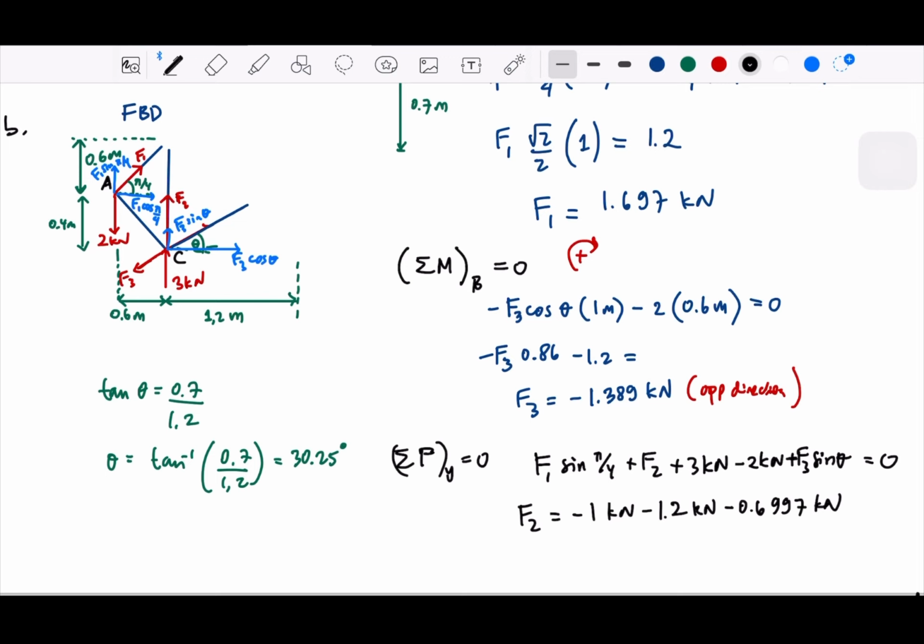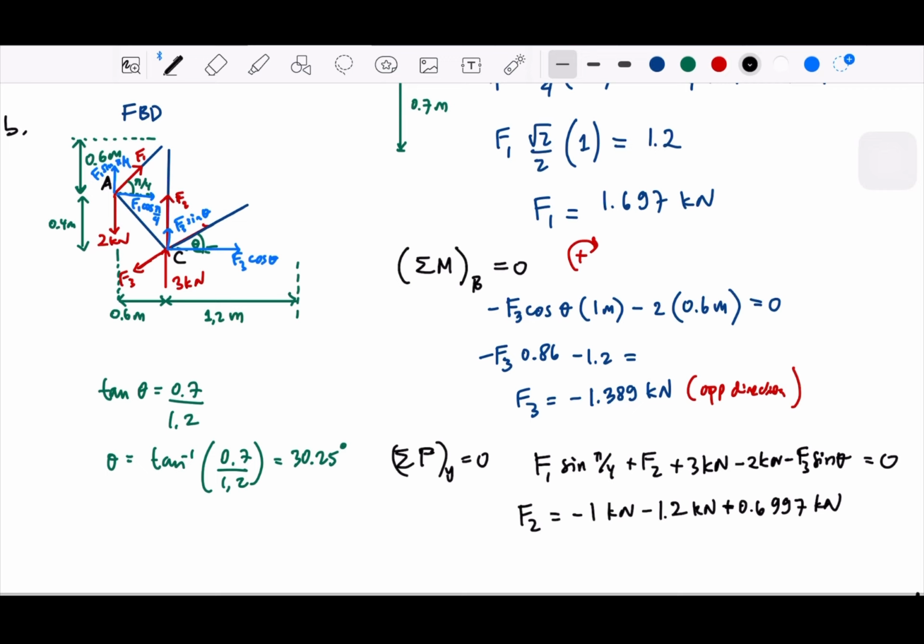Okay, I hope you can be careful on the signs. Just take notes on that. So 1 plus 1.2 plus 0.669. Oh, it's supposed to be a plus here. So negative, yeah, correct.